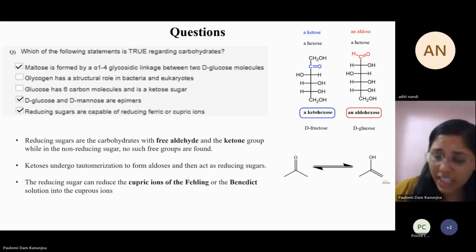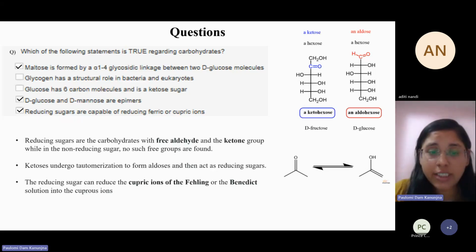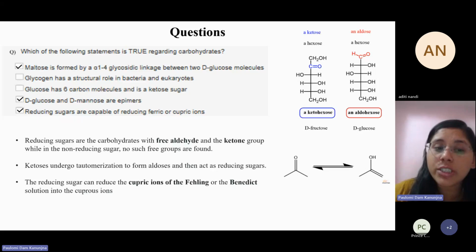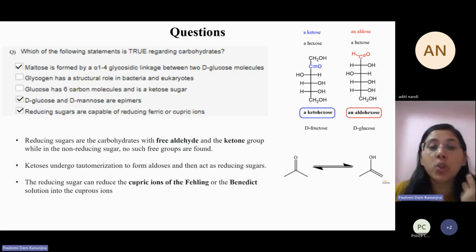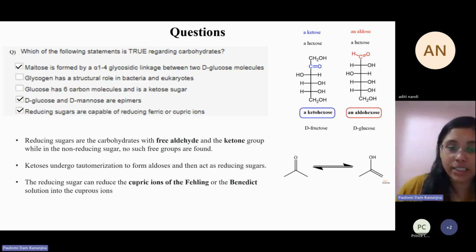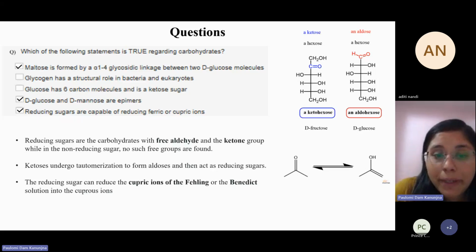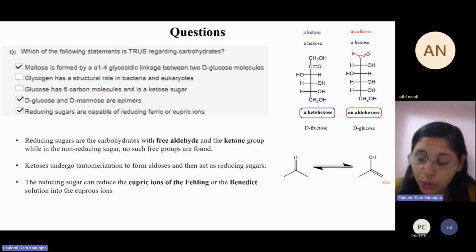Like I mentioned, and like one of the persons also mentioned in the previous session, reducing sugars are basically those sugars which have a free aldehyde or ketone group. A reducing sugar is a sugar which can reduce another component, a reducing agent. It can donate a proton, and that can only be done if it has a free aldehyde group.